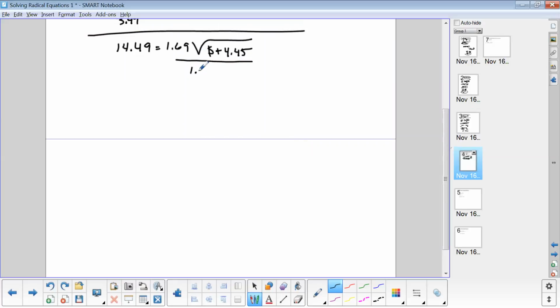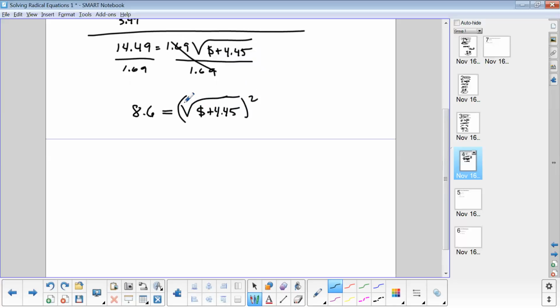Next, I want to divide by 1 and 69 hundredths. And that's 14 and 49 hundredths divided by 1 and 69 hundredths. And I've got about 8 and 6/10, we'll say, approximately, times the square root of speed plus 4 and 45 hundredths.